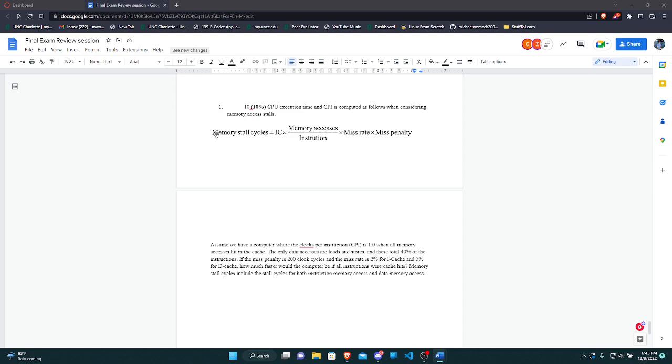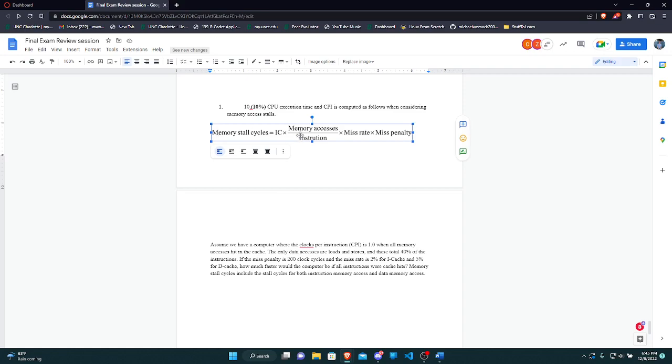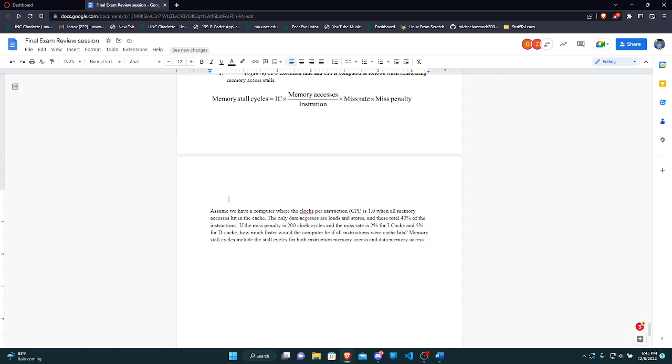They give you this formula: memory stall cycles equals IC times memory accesses over instructions times miss rate times miss penalty. Assume we have a computer where the clock cycles per instruction is 1.0 when all memory accesses hit in the cache.